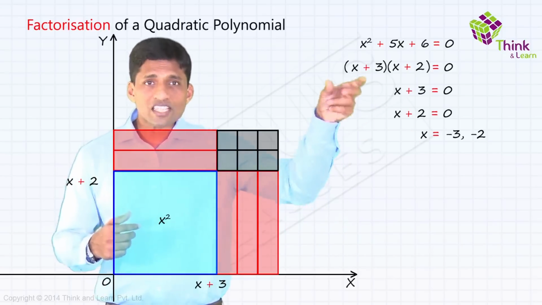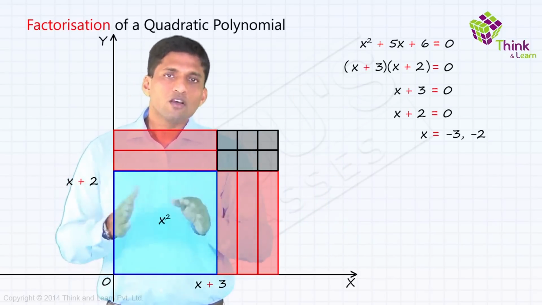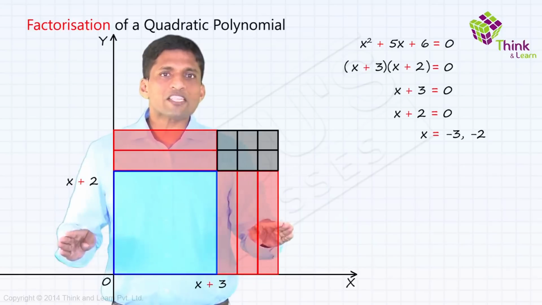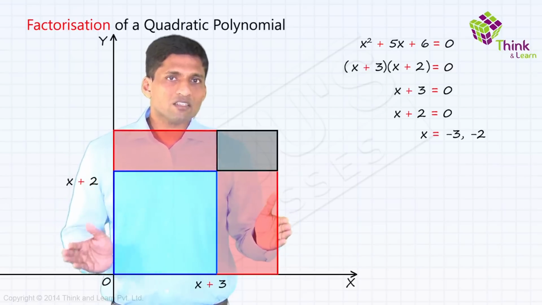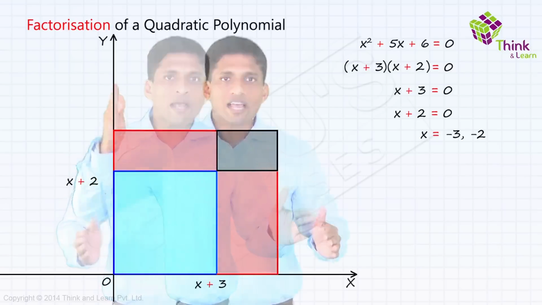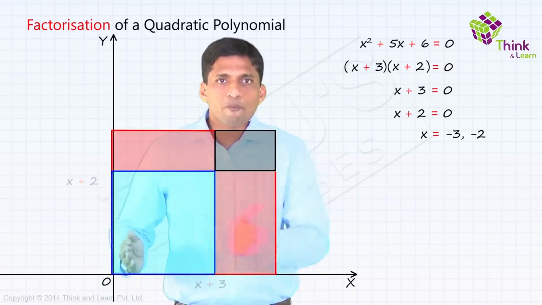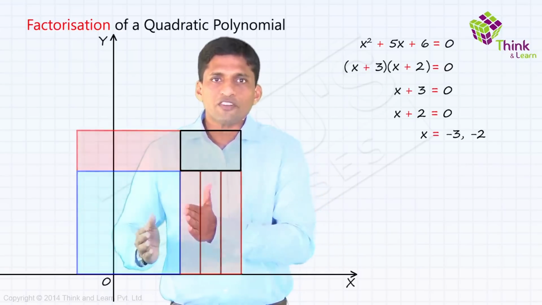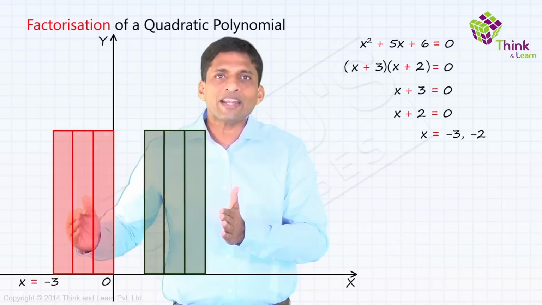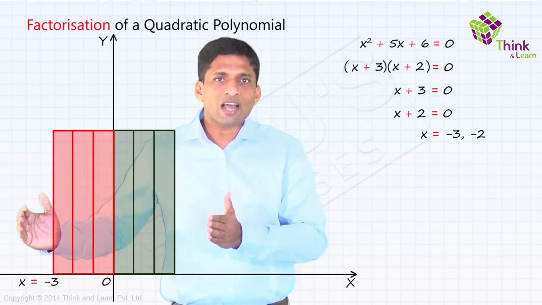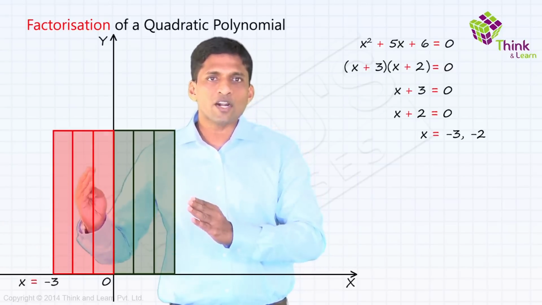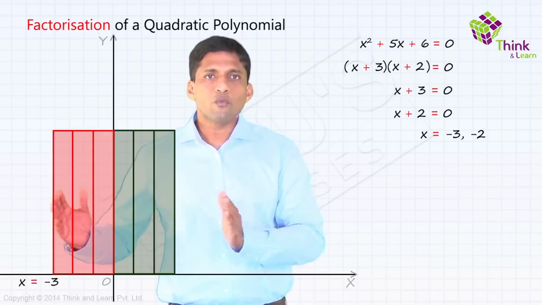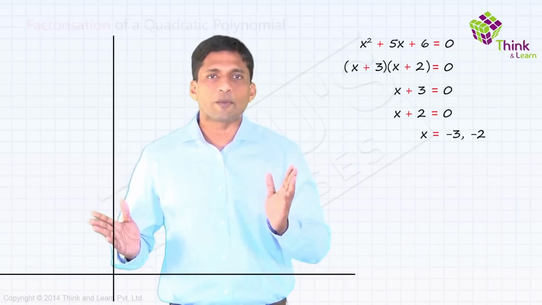Now how can you visualize even this process? It's interesting. From this rectangle of length x plus 3 and breadth x plus 2, now I can make length 0. Assume that the y-axis is here. If I start pushing this to the left, this will start becoming negative. So when x is at minus 3, these two areas, what is there in red and what is there in green, will get cancelled out and the rectangle will disappear.